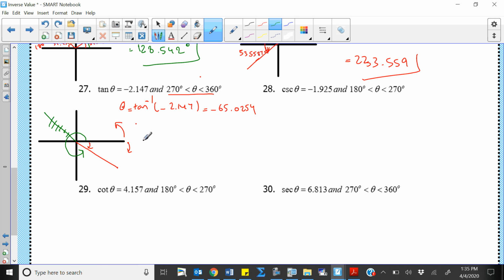I already found the measure of this angle, 65.0254, and I don't care if it's negative. I just care about the measure of the angle, like this distance. We don't care about positive or negative. So to find this whole thing, I'm just going to subtract 65.0254 from 360, and whatever this value is, that's my answer.